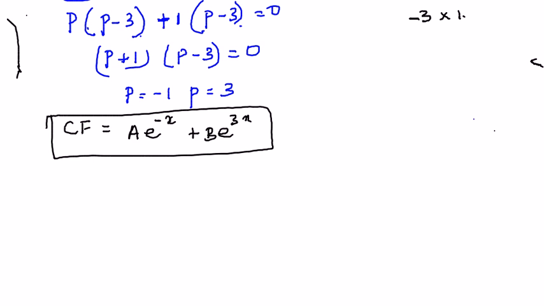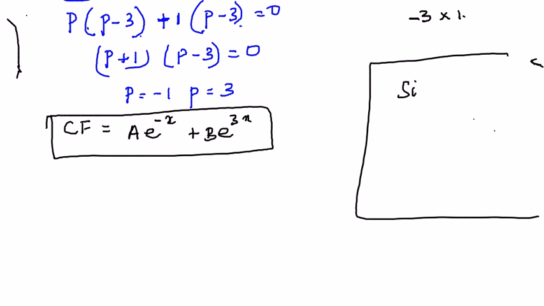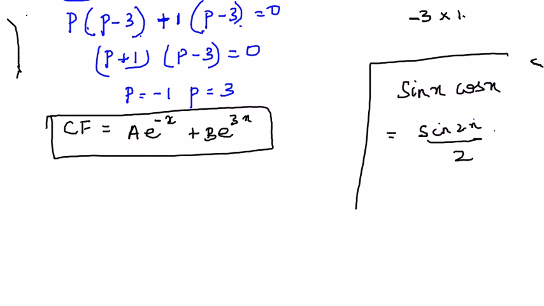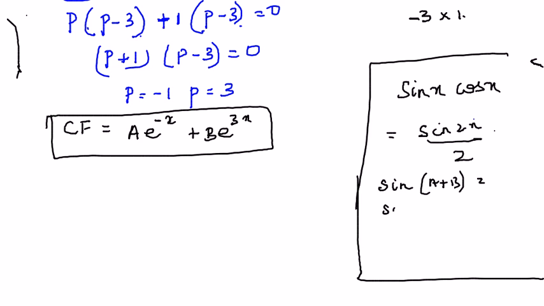So if you see this sin x cos x, if you remember your trigonometric identities, sin x cos x can be written as sin 2x by 2, right? If you want to know why it is sin 2x by 2, yes, I can just take a small minute here. You know that sin of a plus b is equal to, this again from your trigonometric identities, right? Sin a cos b plus cos a sin b, right?